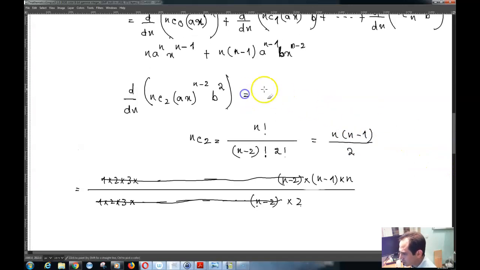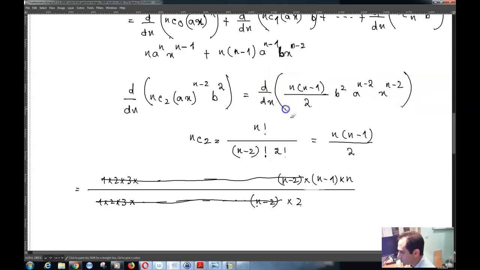So I can write this as d by dx of n times n minus 1 divided by 2 times b squared times a raised to the power n minus 2 times x raised to the power n minus 2, right?